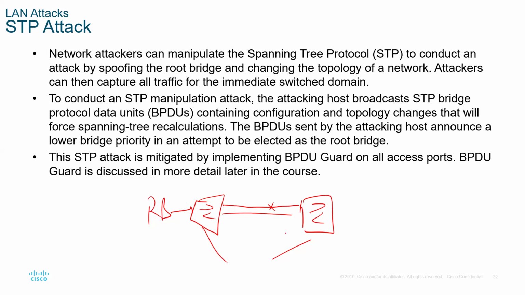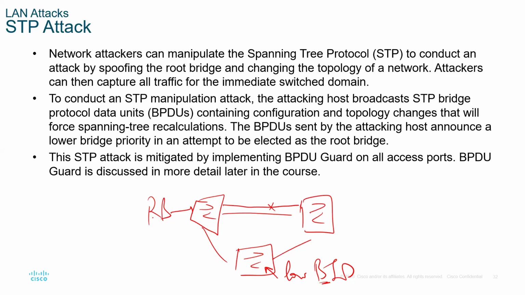Now, attackers are going to introduce another device into the network, and I'm going to configure this device with a very low bridge ID. It means in the switch network here, an election is forced because there is a lower bridge ID in the switch network.